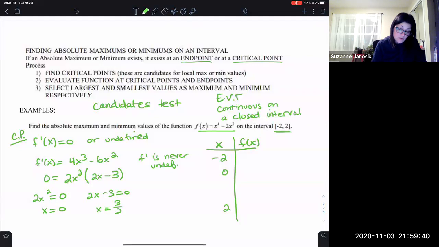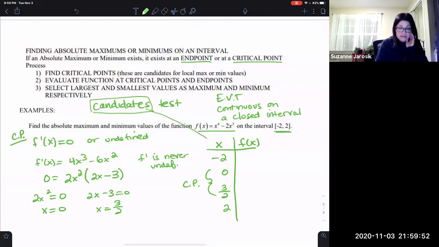So these are my critical points. Overall, they are candidates. Okay, so the endpoints are not critical points. You use critical points with the endpoints for test purposes.